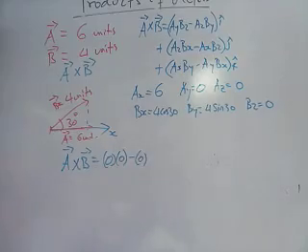BY is sin 30, which is 0.5, and 0.5 times 4 is 2.